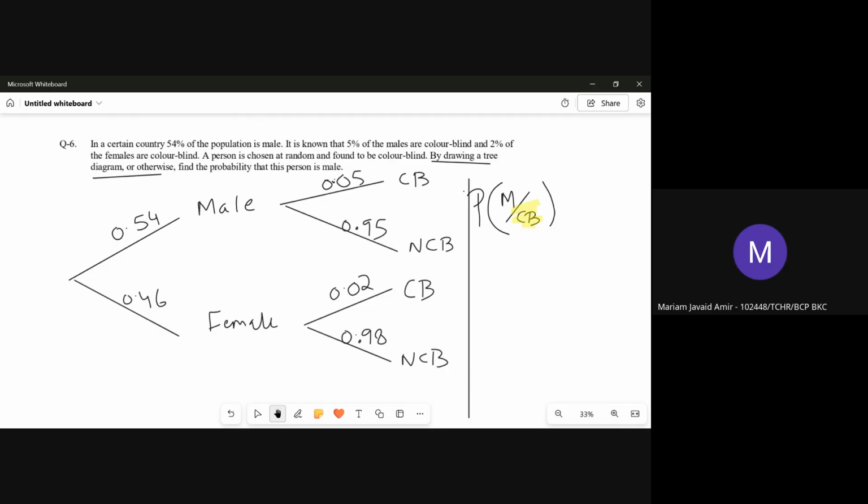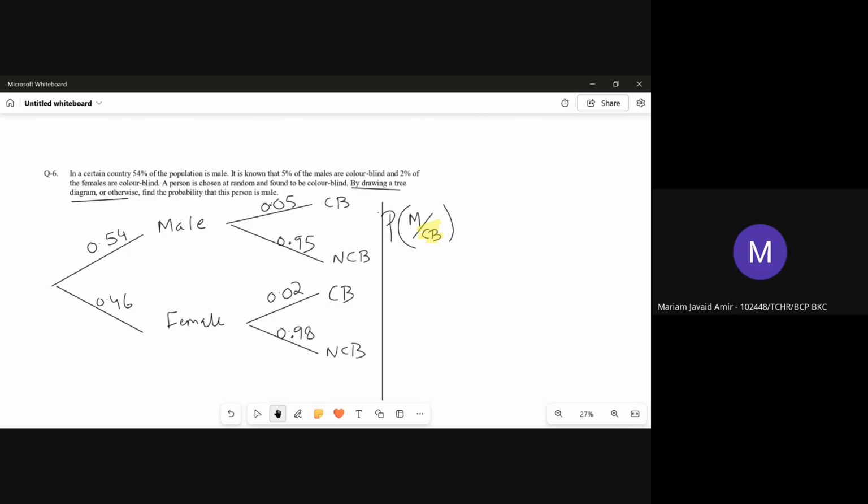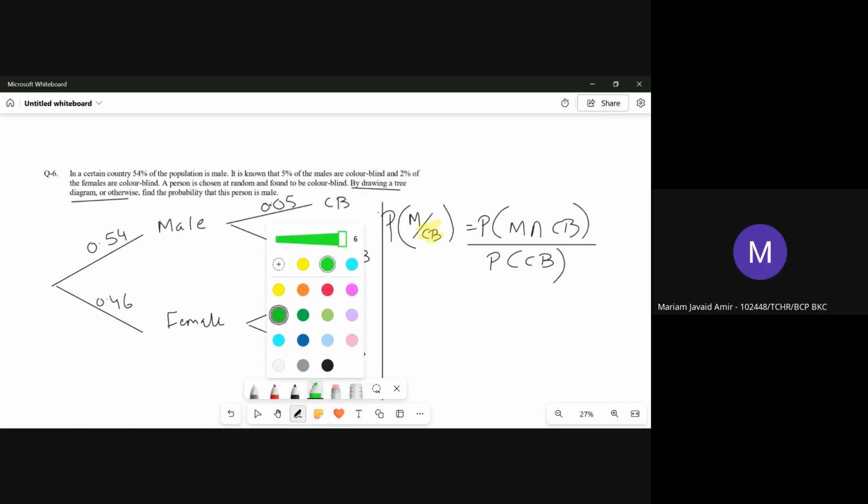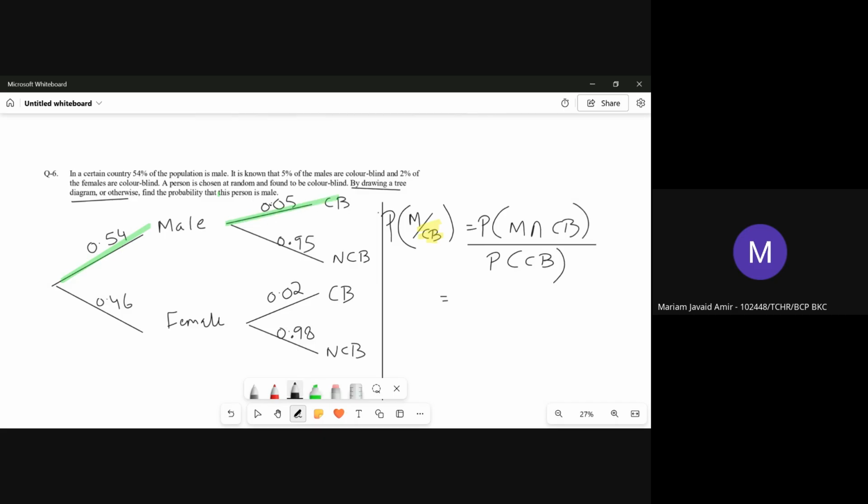Now we know the formula for conditional probability. It is probability of male and colorblind divided by probability of being colorblind. Male and colorblind is this branch, so it's going to be 0.54 times 0.05, divided by colorblind.